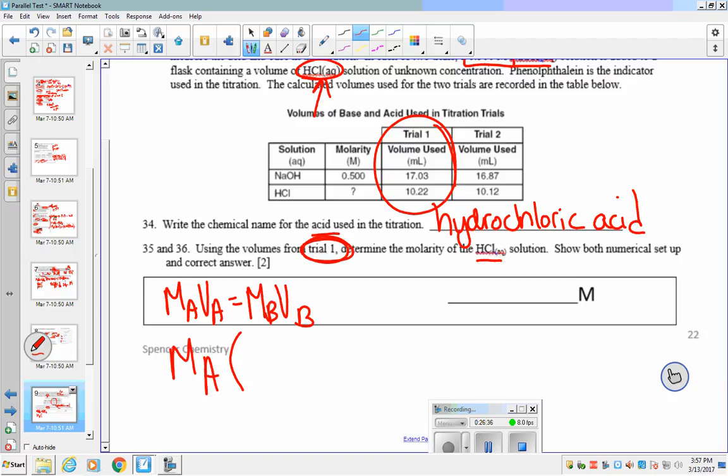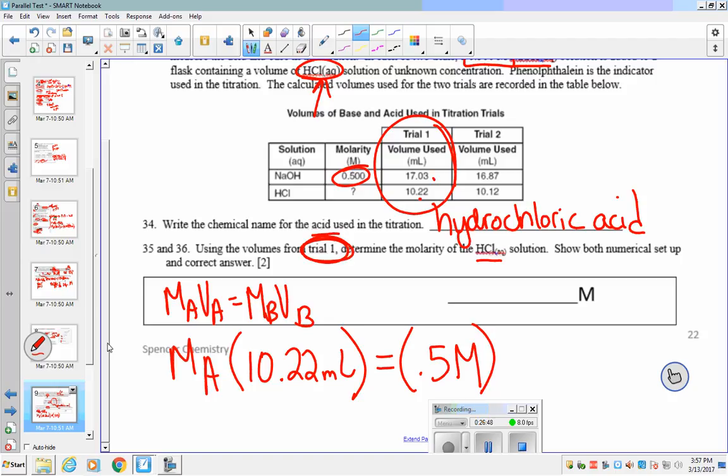Our volume of acid used is 10.22. Our MB is our standard that's right here. And we're multiplying it by our volume right there. And that should come out to give you 0.83 molar.